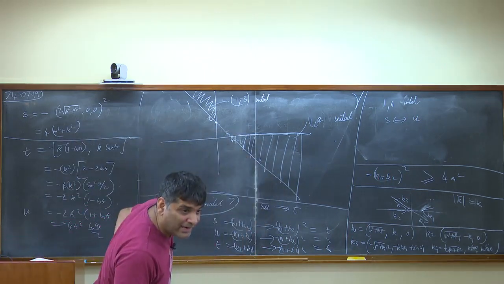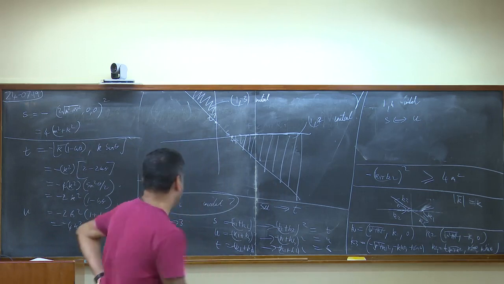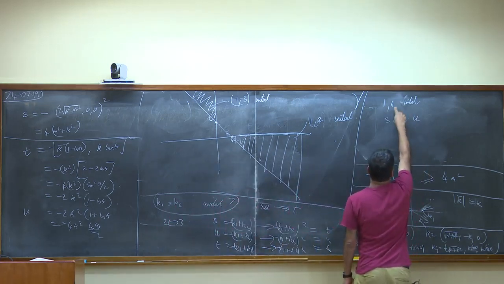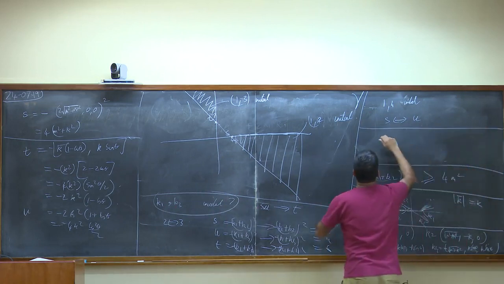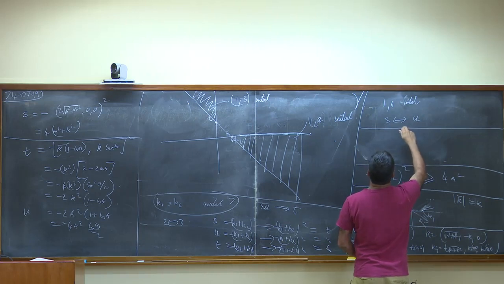Let's see, suppose I flip 1 and 4. It may be better just to flip 2 and 3 actually.